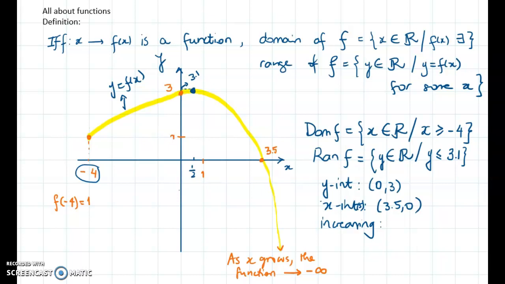So increasing for -4 less or equal than x less or equal than half, and decreasing for x greater or equal than half. So after half, I start going down. I also mentioned that over here I have a maximum for the function at the point (half, 3.1). That's another interesting characteristic of the function.